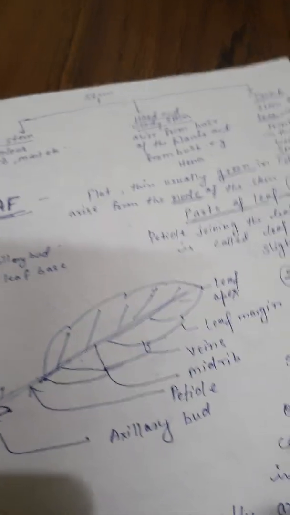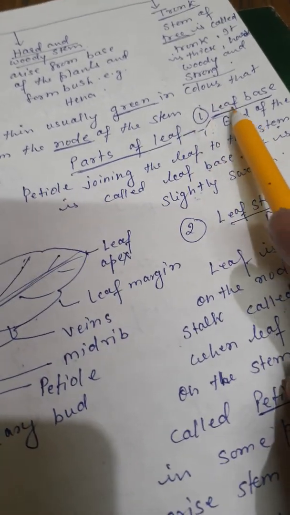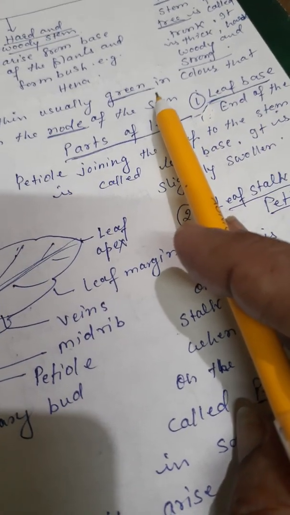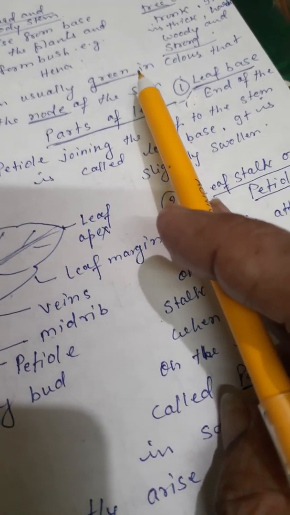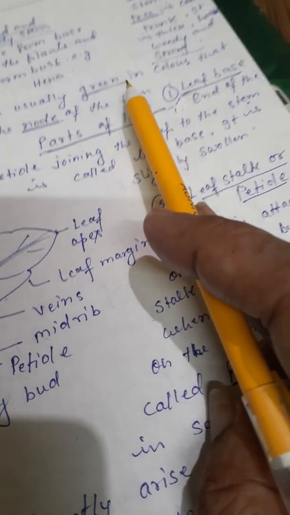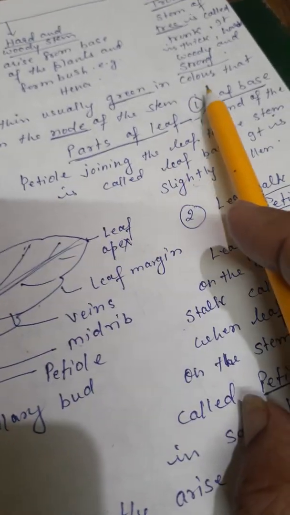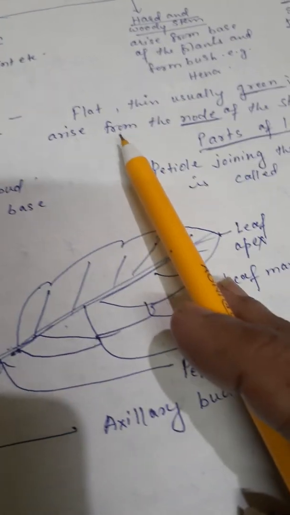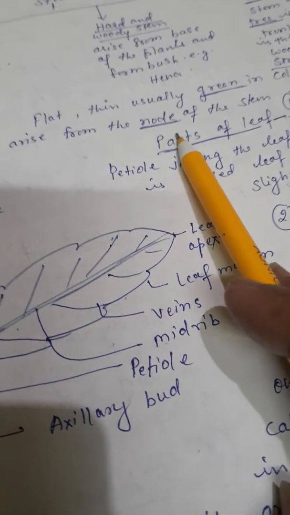Next part, leaf. Leaf is flat, thin, usually green in color. Why is leaf green in color? In the presence of chlorophyll, leaf is usually green in color. It arises from the node of the stem. Node, what is node?